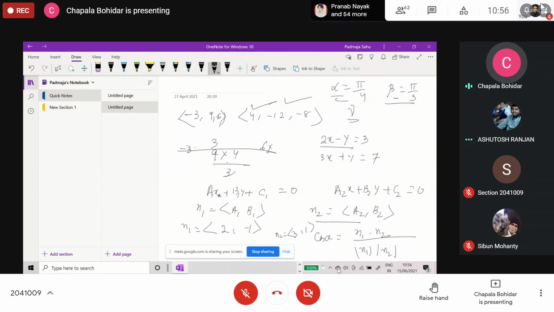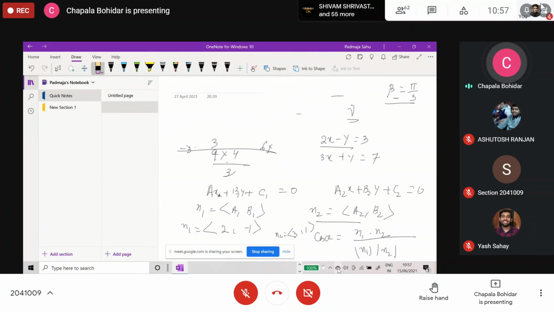A cross B is orthogonal to both A and B. So if two vectors are given, you can find out the orthogonal vector.